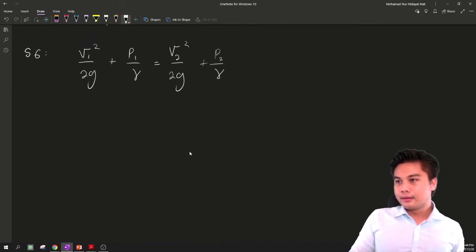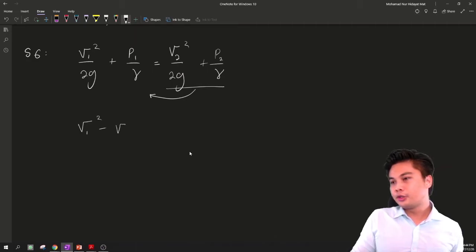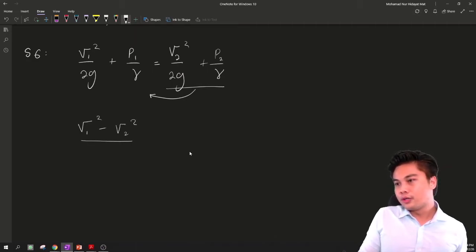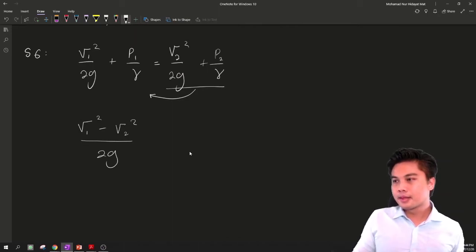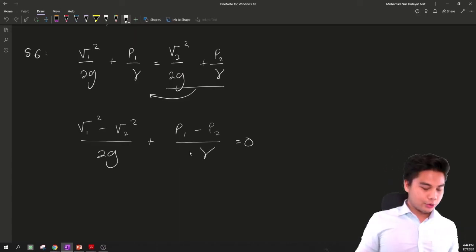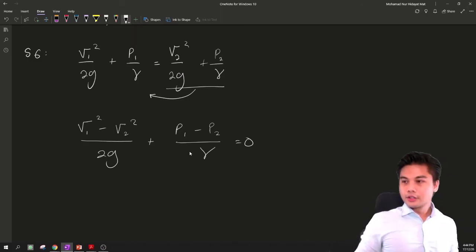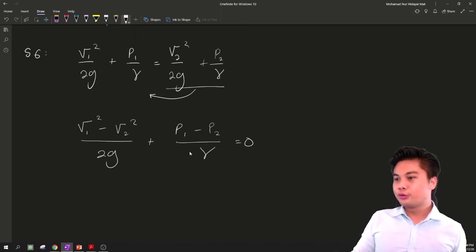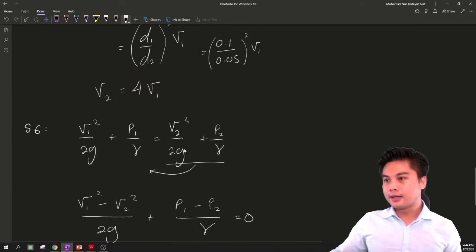So rearrange, move all this term to the left side, becoming V1 squared minus V2 squared over 2g plus P1 minus P2 over gamma equal to 0. Try to substitute V2 with what we have discovered.